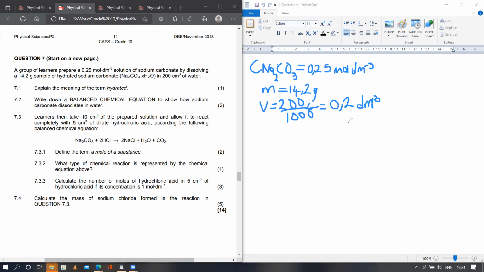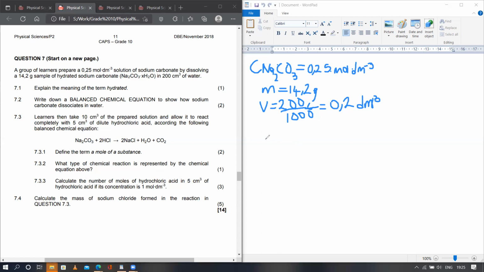So they say write down a balanced chemical equation to show how the sodium carbonate is going to be dissociated. When they say it's going to be dissociated, that means it's going to split into its ions.